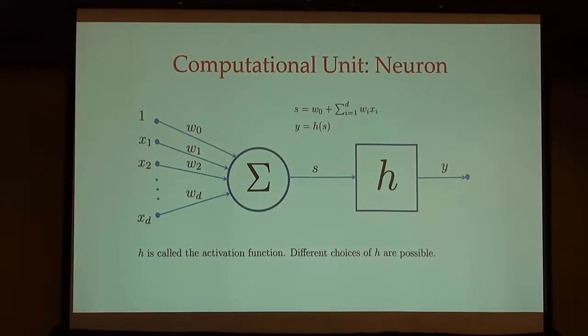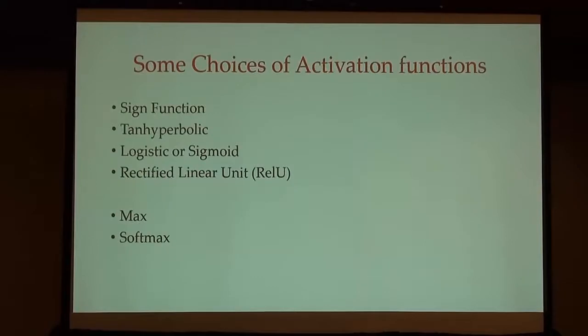One way to smooth a sign is using a tan hyperbolic function, which people used quite a bit earlier, but that also has its problems. So, choices of activation functions. As I indicated before, it's a composition, so you can choose anything that you want as activation. But there are a few popular choices people have used over the years.